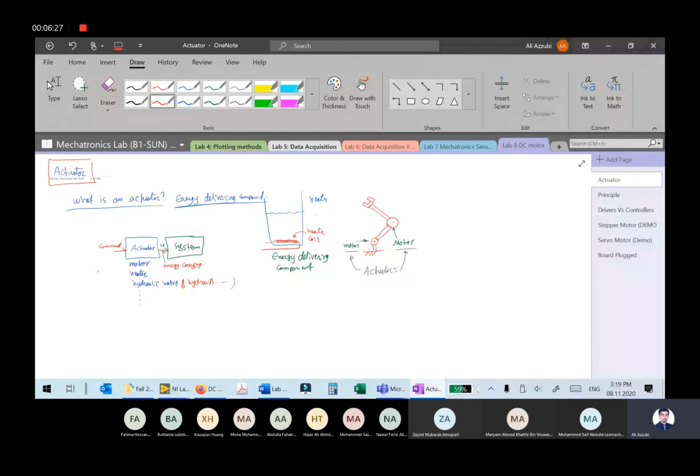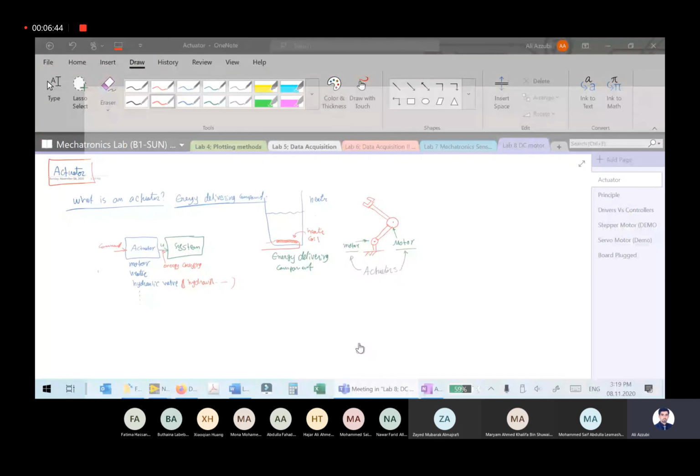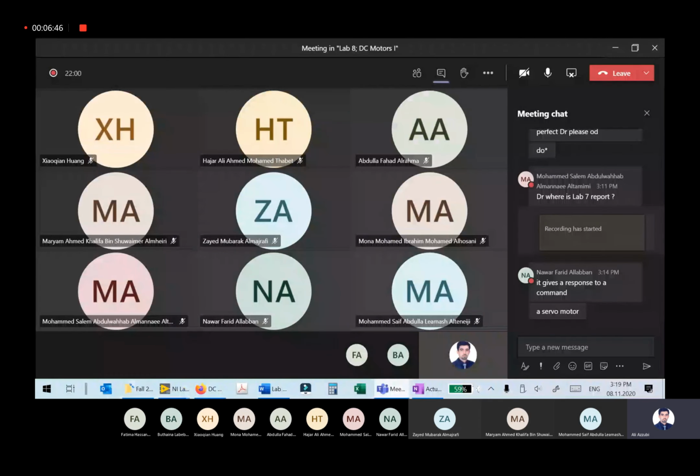Can you give me an example of an actuator? Let's hear from you. Just an example that comes to your mind. It doesn't have to be a servo motor. Yes, this is an actuator.